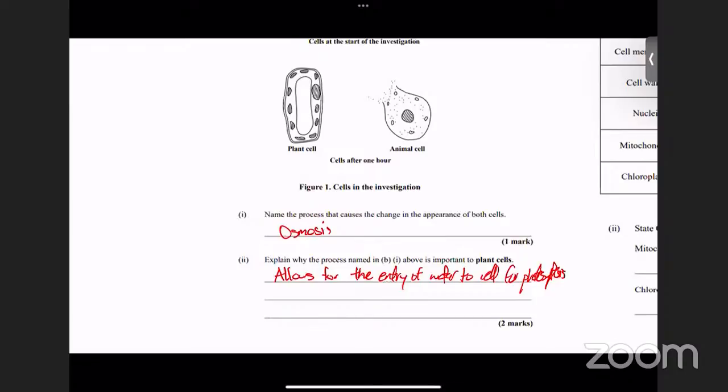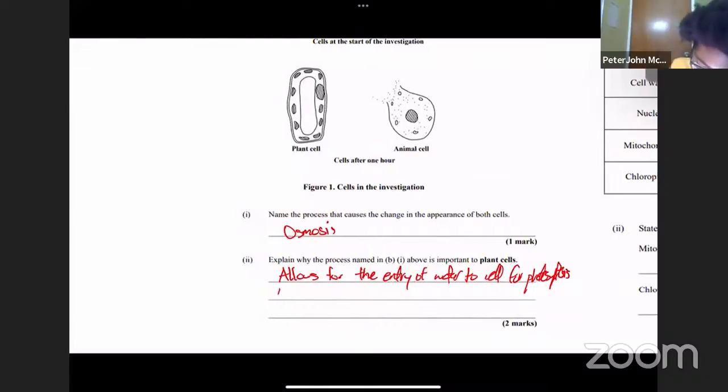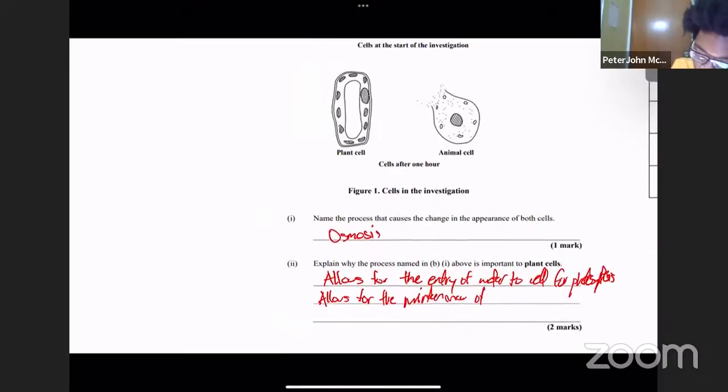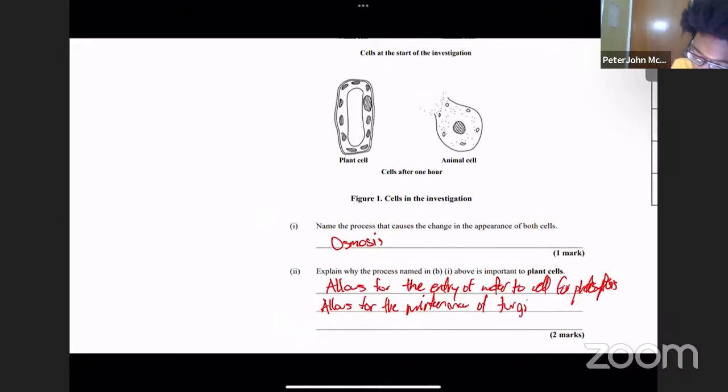Sir, it allows the plant to remain rigid, turgid. Yeah. Allows for the maintenance of turgidity. I like how you guys are thinking about respiration, but we'll get into respiration in a bit.